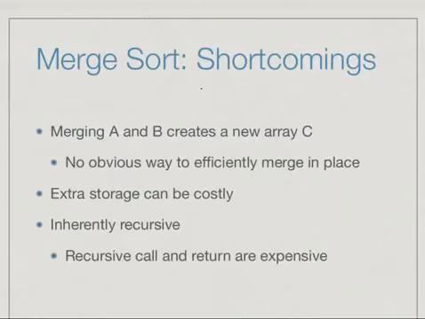The other problem with merge sort is that it is inherently recursive. So merge sort calls itself on the first half and the second half. Now this is conceptually very nice. We saw that recursive functions are very naturally related to inductive definitions, and they help us to understand the structure of a problem in terms of smaller problems at the same time.